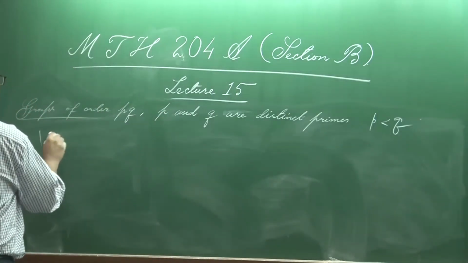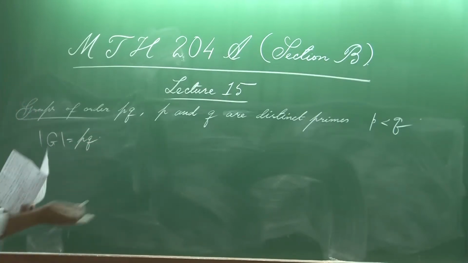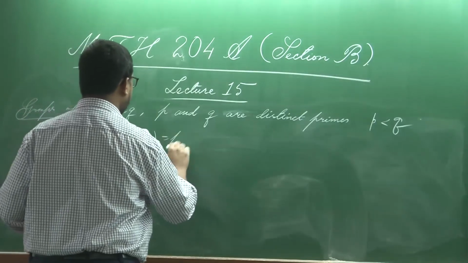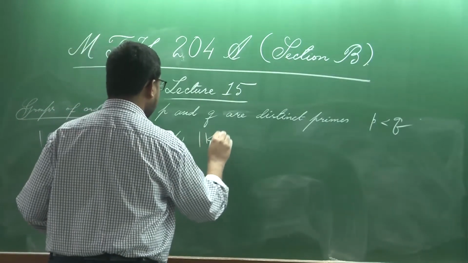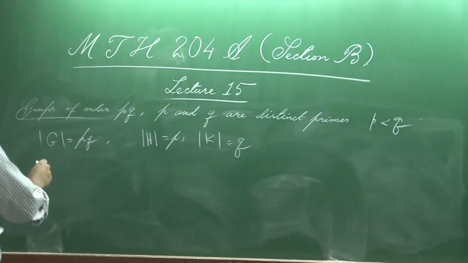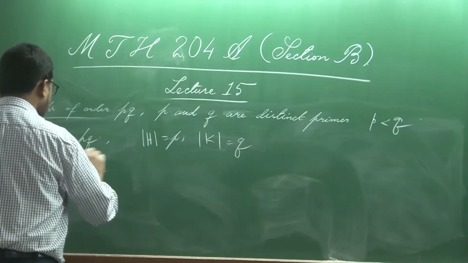So, let G be a group of order pq. By Sylow's theorem we do have subgroups of order p and q. And what are the divisors here? 1, p, q, pq.